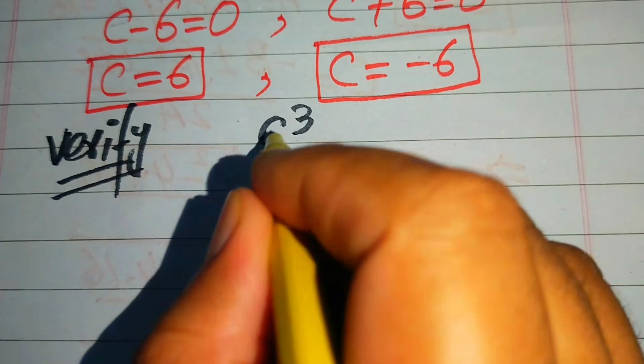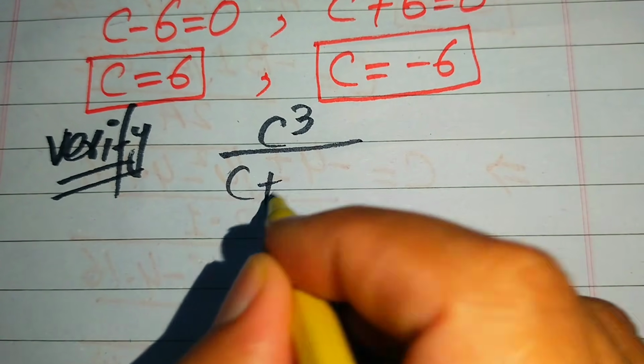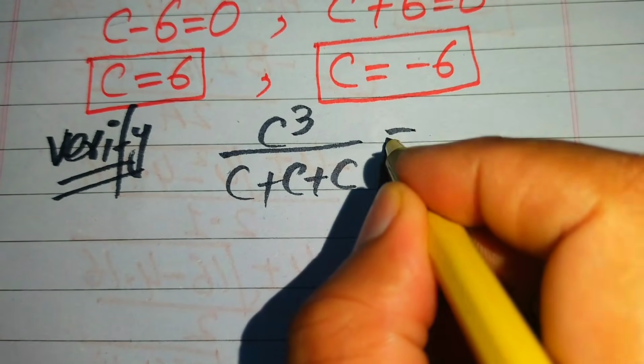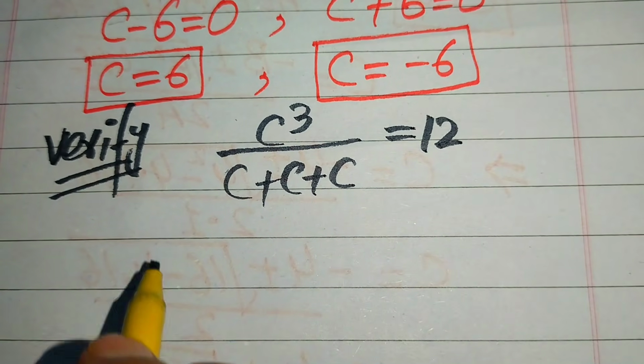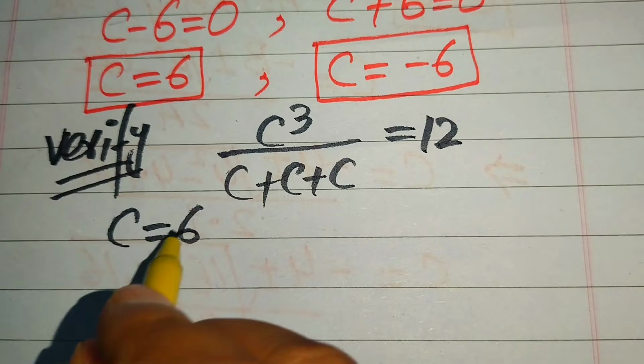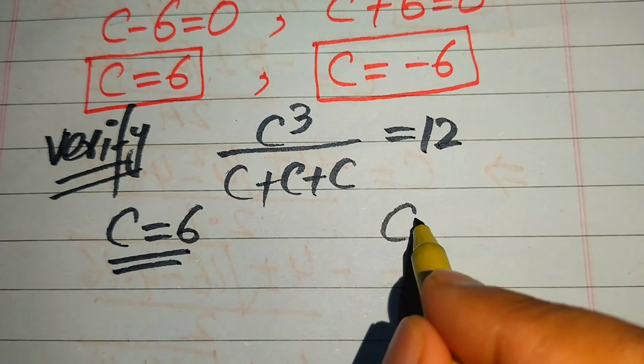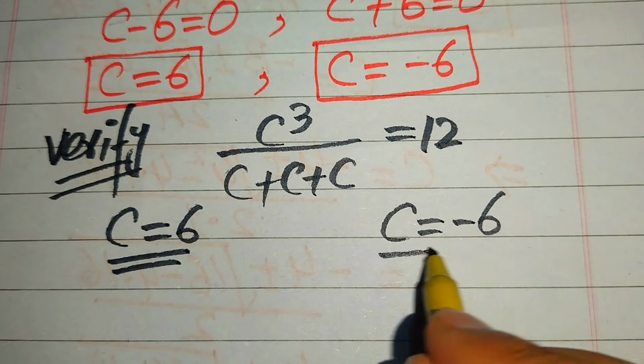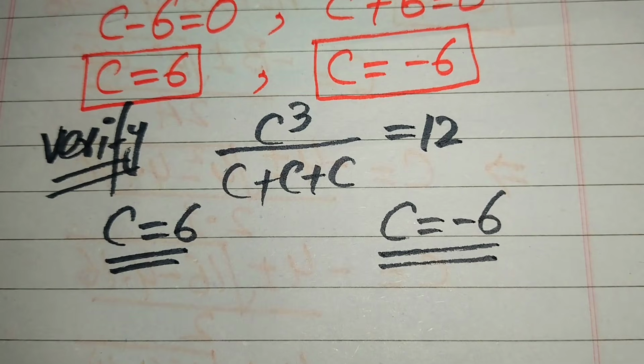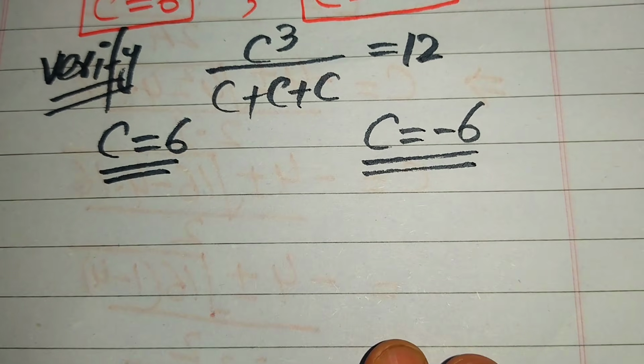Here it is: c cubed divided by c plus c plus c is equal to 12, and on this side we verify c is equal to 6, and on this side we verify c is equal to minus 6. So we verify both of these two roots of the above equation.